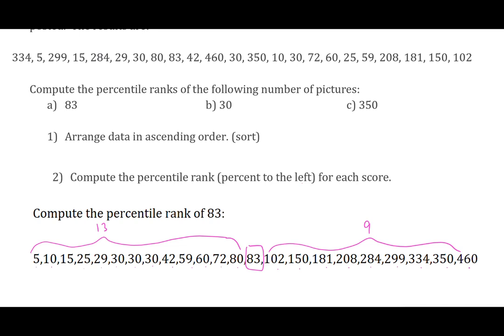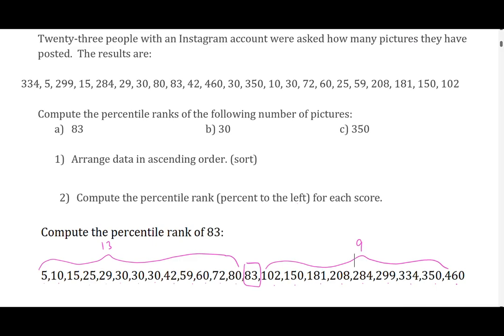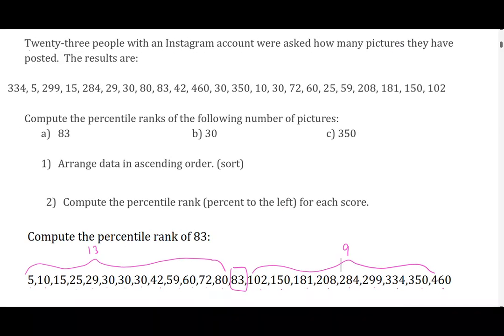Now we need to do a little bit more than just working with 13 and 9, because we know from the beginning part of this question that there are 23 people in this sample. So if we notice, 13 plus 9 is 22.